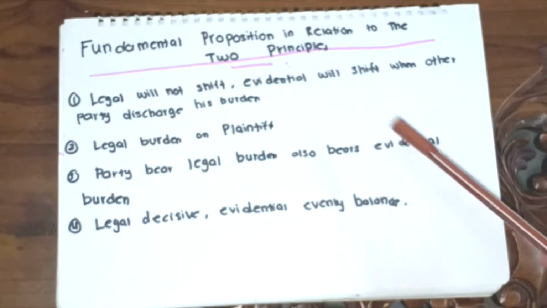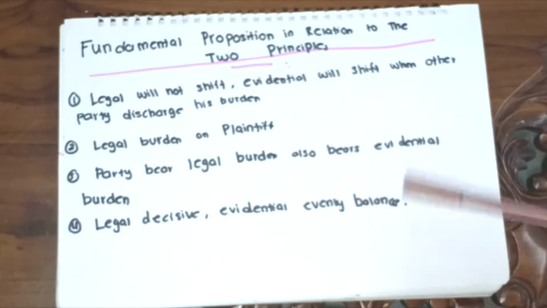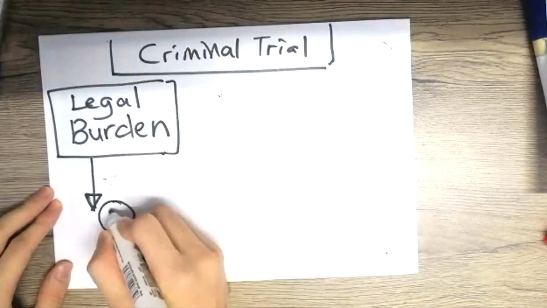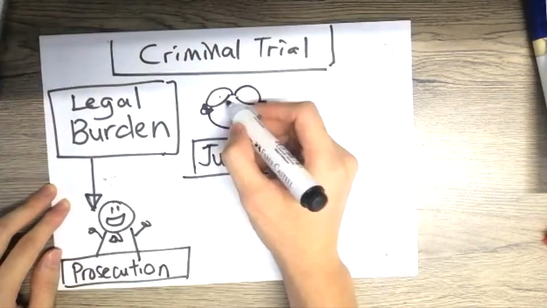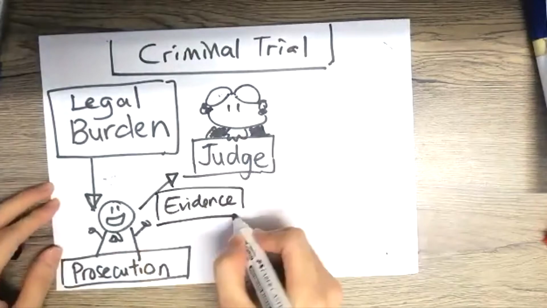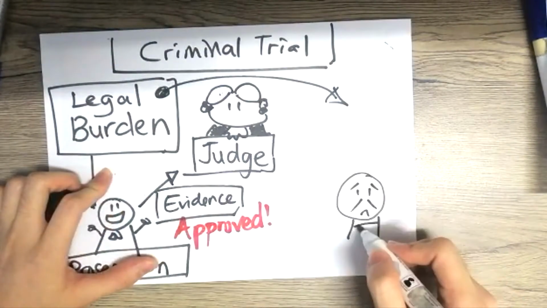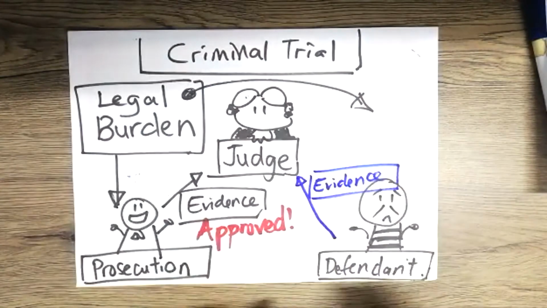Next, as you can see here, these are the fundamental propositions in relation to the two principles. We have four propositions. In a criminal trial, the burden to establish the case will always remain with the prosecution. Once the legal burden is discharged by the prosecution, the onus will shift onto the defense to prove those circumstances to dislodge the assertion from the other party.